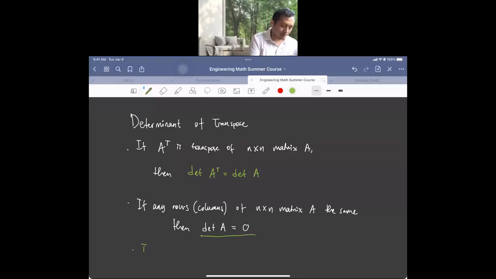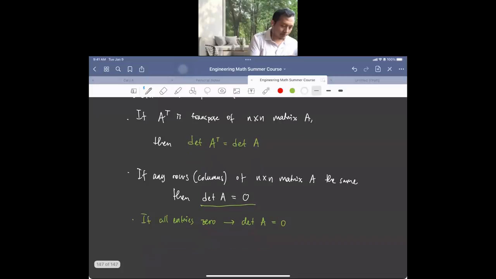And if all entries in a row or column are 0, this also gives that the determinant of that matrix will be equal to 0.